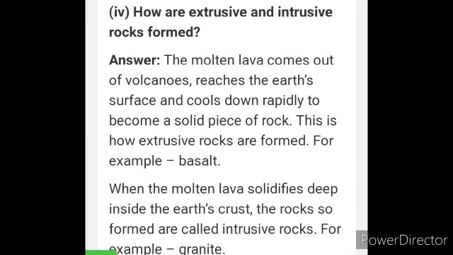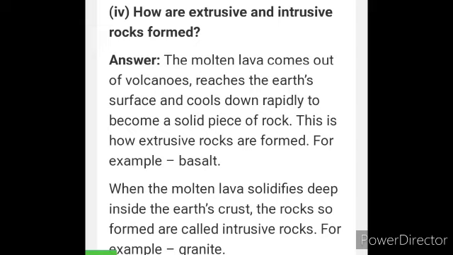Question number 4 is, how are extrusive and intrusive rocks formed? The answer is the molten lava comes out of volcanoes, reaches the earth's surface, and cools down rapidly to become a solid piece of rock. This is how extrusive rocks are formed. Example is basalt.